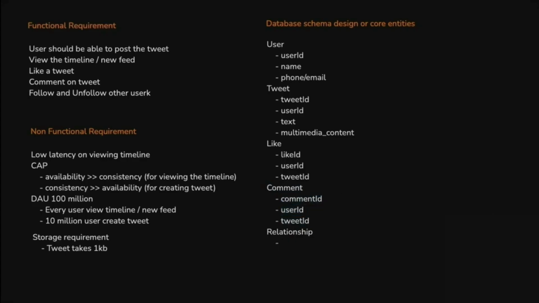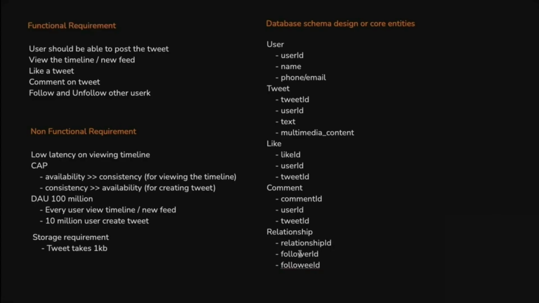In case of relationship, there is a relationship established between two users when user A is following user B. So we must have both the user IDs in our system. We will have a follower ID and followee ID. We also need the relationship ID, which is the primary key.